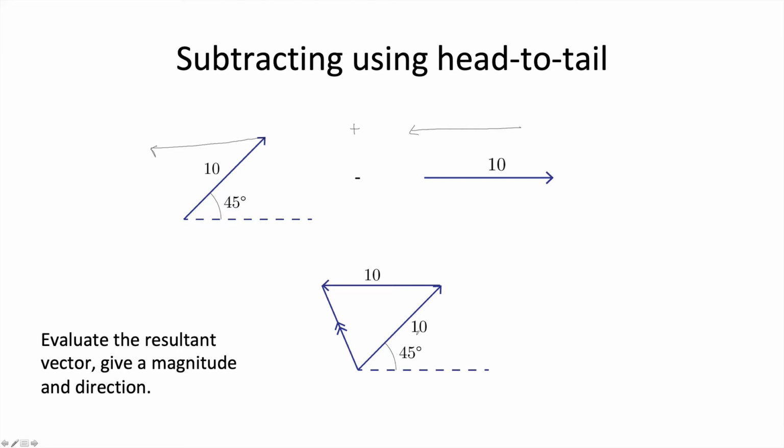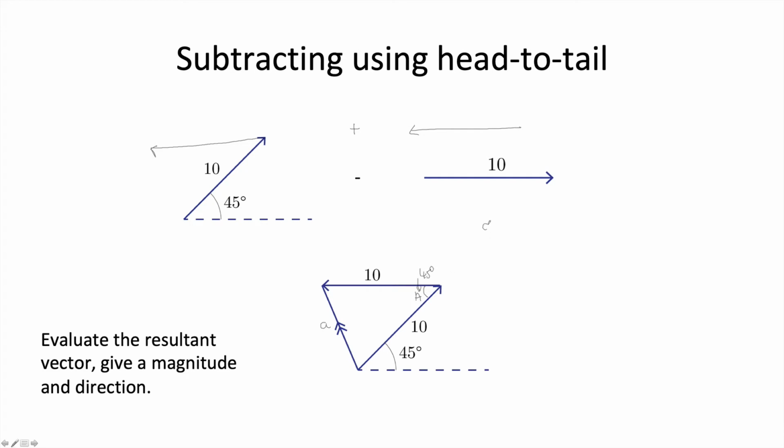So then once again, we can go back to that long method using lots of trigonometry to work out what this is. So if we call this side A and this angle A in here, we can work out what angle A is, because this line is parallel to this line. This is a horizontal line, another horizontal line. So if that's 45 degrees, then alternate angles on parallel lines, this is 45 degrees.